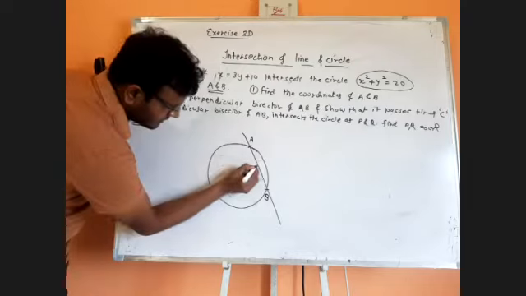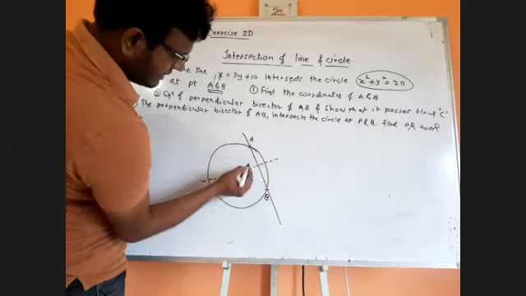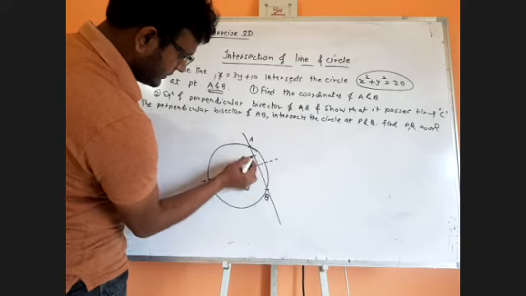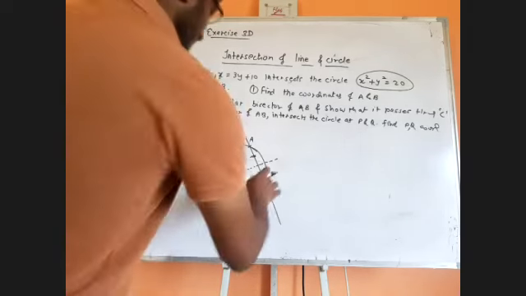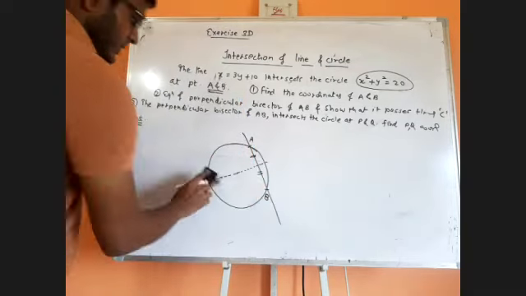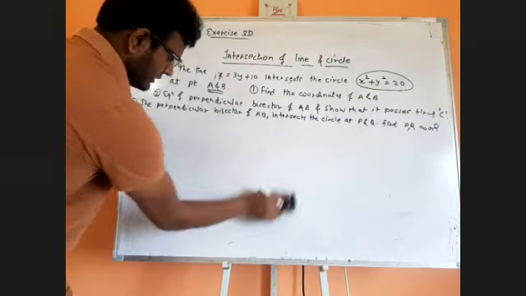So the perpendicular bisector of AB would be something like this. If it is a perpendicular bisector, it will bisect AB at 2 equal points. My diagram doesn't show that because I'm not very good at drawing, so let me draw it.